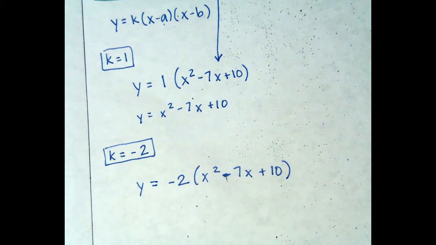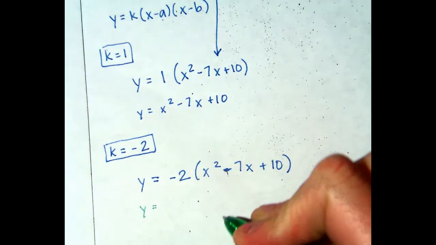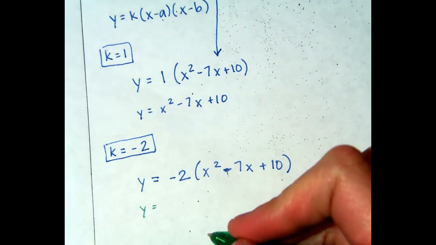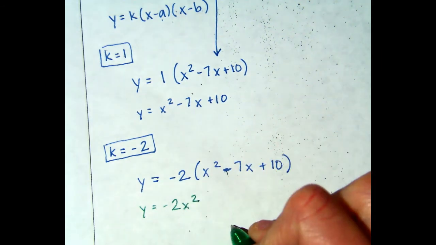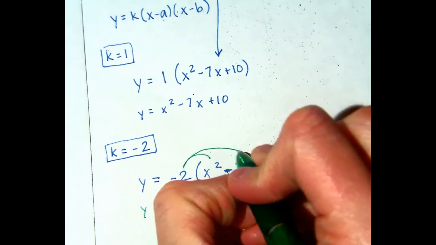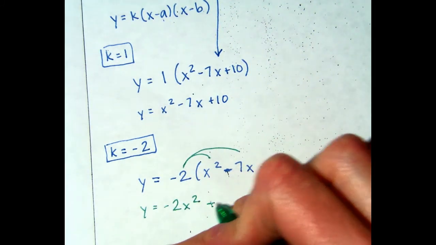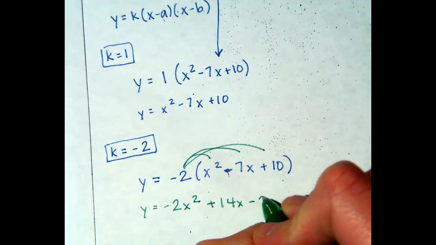When you distribute a negative 2, you have y equals what? Negative 2x squared. Then what? Plus 14x minus 20.